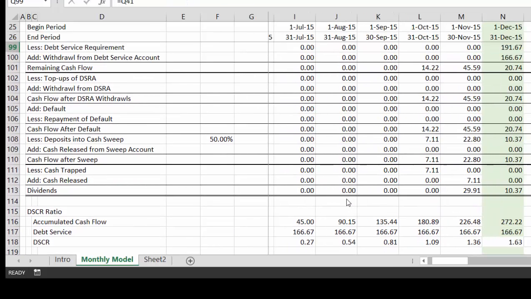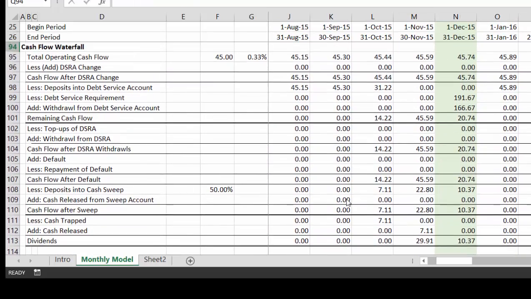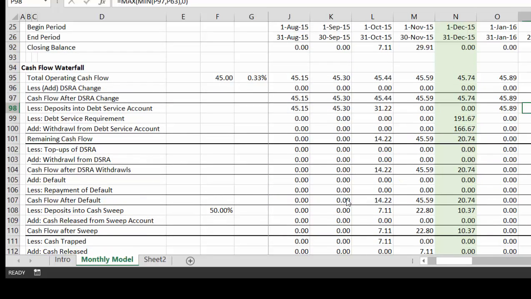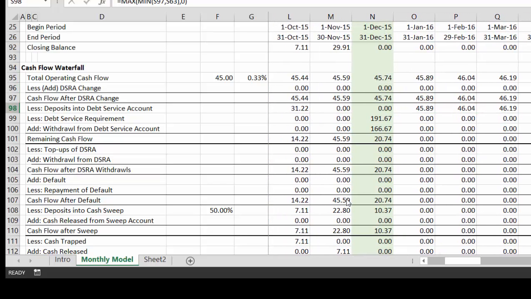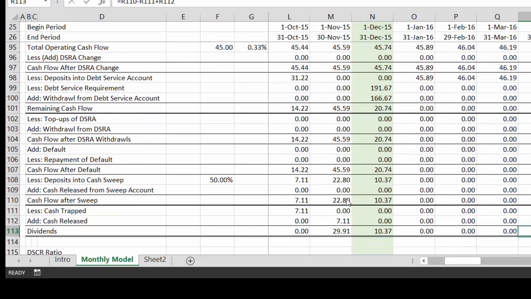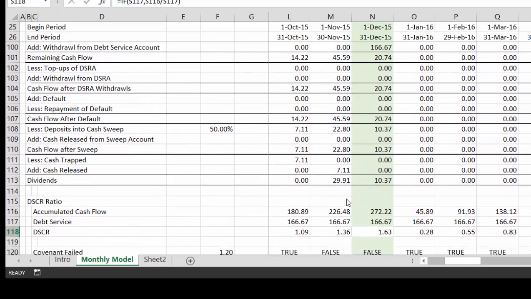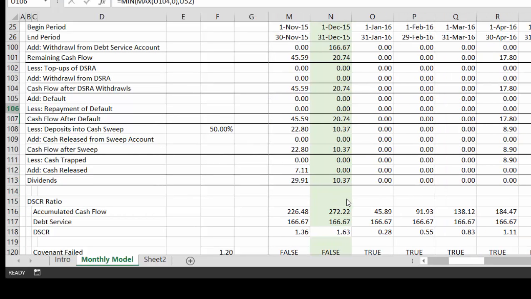We allowed another dividend, and then we're going back and accumulating all this cash and putting it into the debt service account until we're finished putting it in. Then we have some left over, we sweep the amount, and then we trap whatever's left over. After we trap it, next year our covenant is passed, we allow the dividend to occur, and blah blah blah.